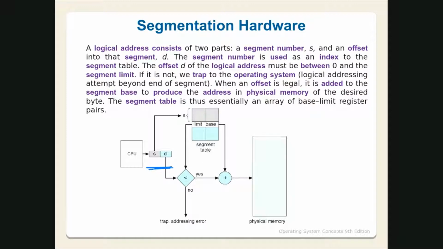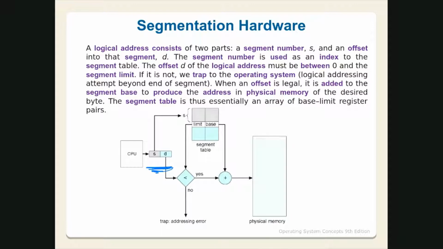Offset means a location inside the segment, an address inside the segment, which is called the offset into that segment. So S means segment number, D means offset. The CPU generates a logical address containing these two things.